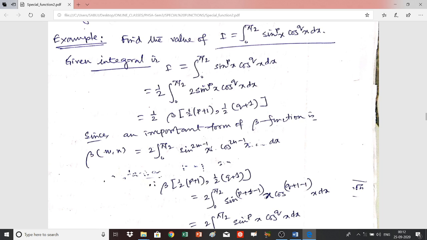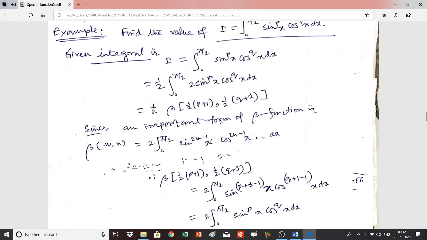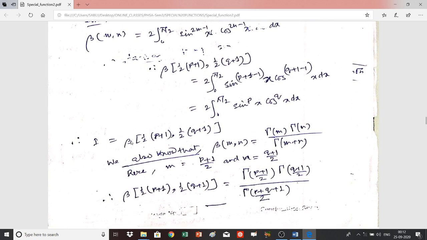That is done here. So this is nothing but half beta (p plus 1) by 2, (q plus 1) by 2, which we have already found. So finally we get the value of the integral I equal to half beta of (p plus 1) by 2 and (q plus 1) by 2.